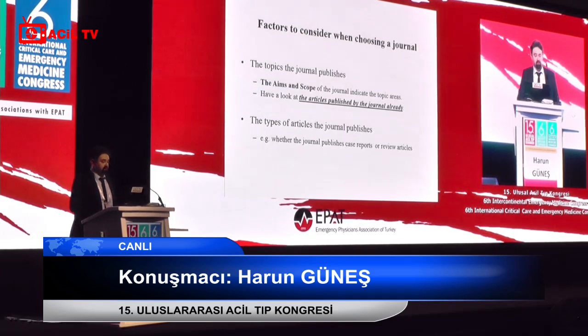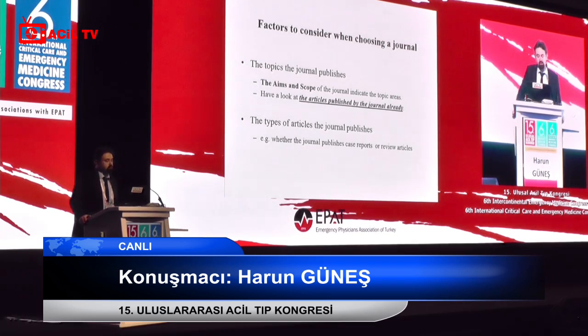And the topics the journal publishes is another parameter to be thought about. The aims and scope of the journal indicate the topic areas, and authors should have a look at the articles published by the journal already. This can provide significant tips on whether to send to this journal or to select another one.